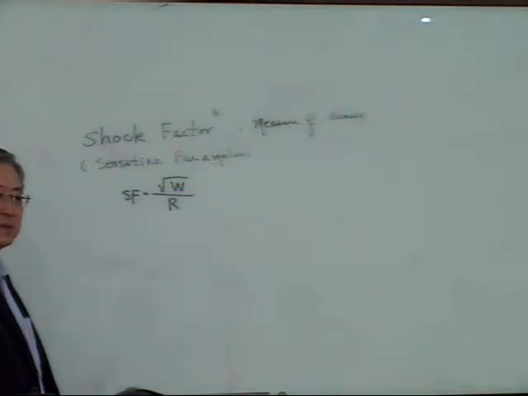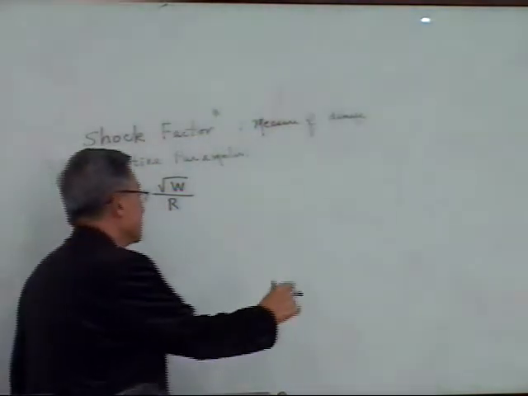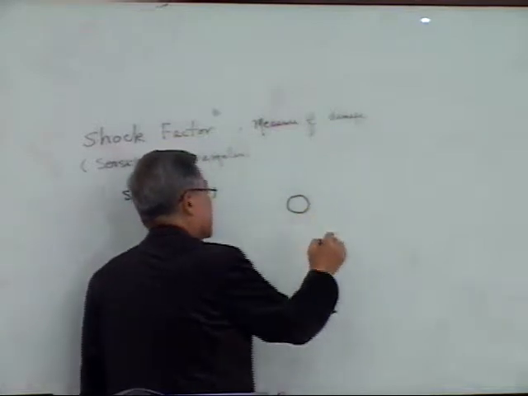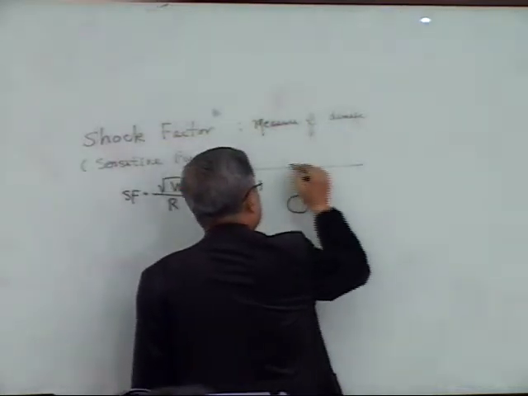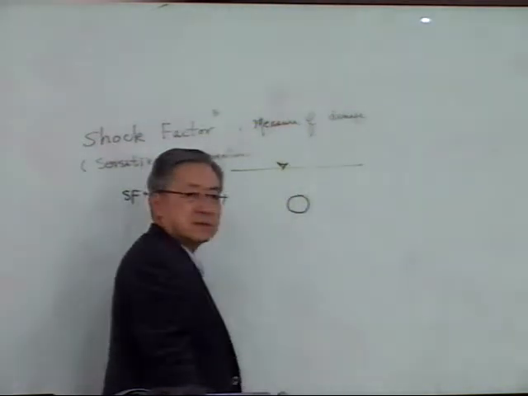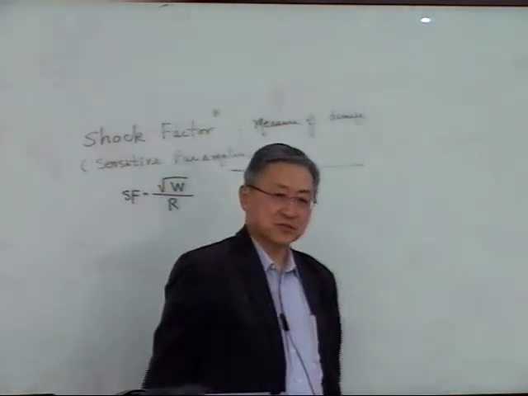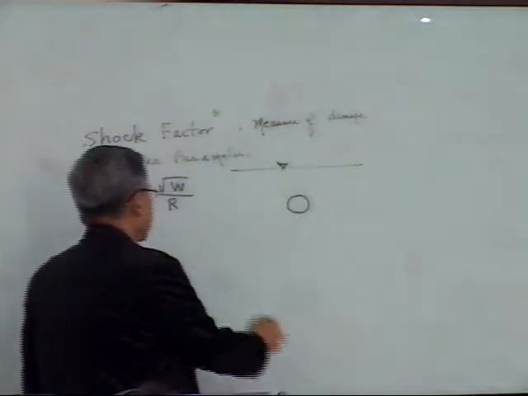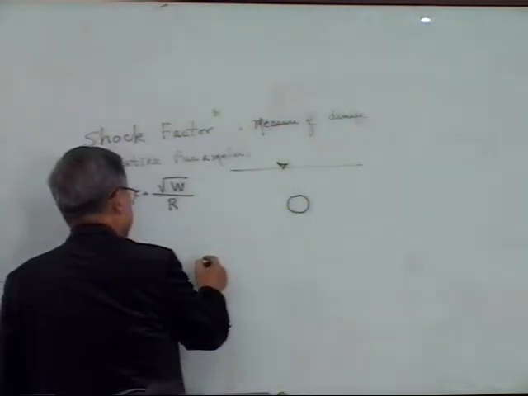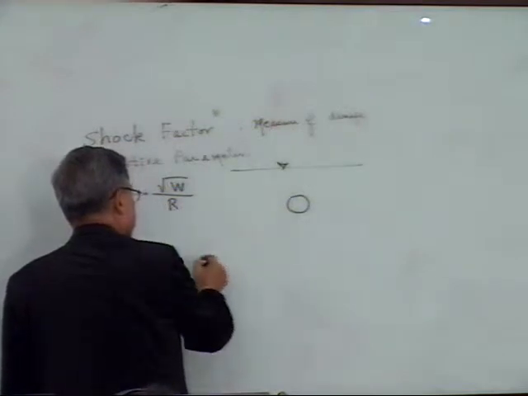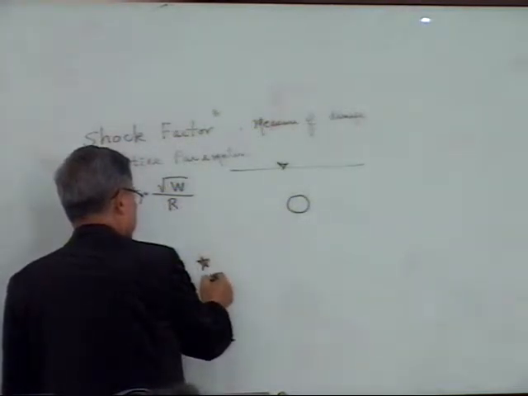Okay. So you have, let's say, a submarine here, just the cross section you are dealing with, and the target is there. This is a target, and this is a source. Explosive is here.